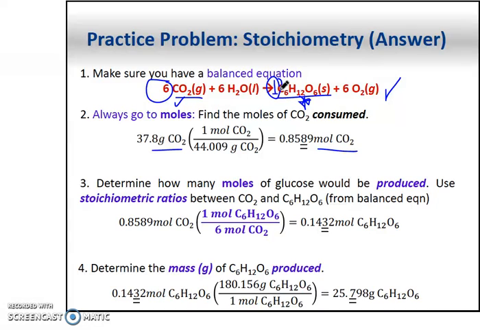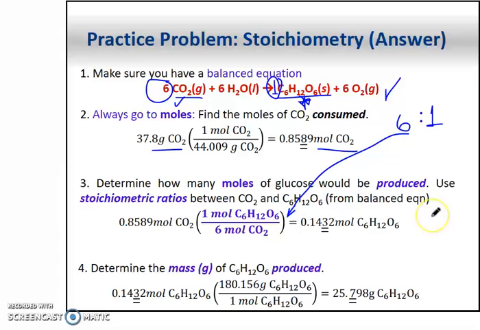Okay, that stoichiometry is relating moles. It's a mole ratio, so we always have to go back to moles. Once we calculate the number of moles, we can determine the moles of glucose produced, using that stoichiometric ratio. So we said in this case it was 6 moles of CO2 with respect to 1 mole of glucose, and we ended up having this stoichiometric relationship here as our stoichiometric factor.